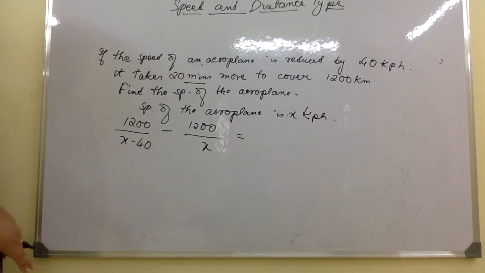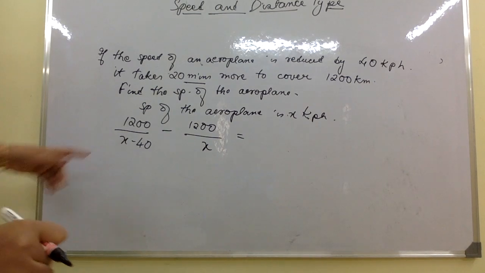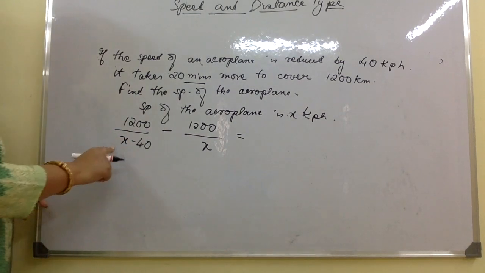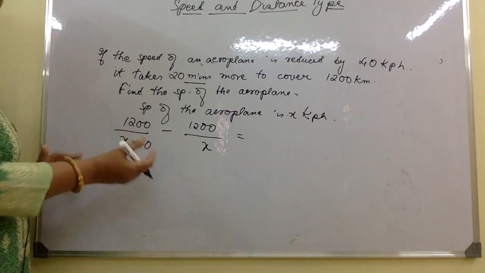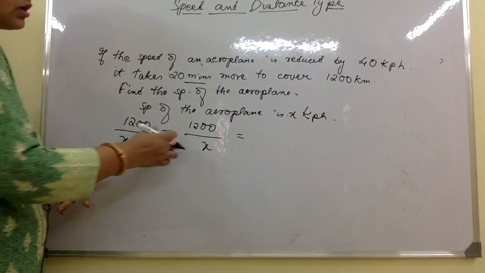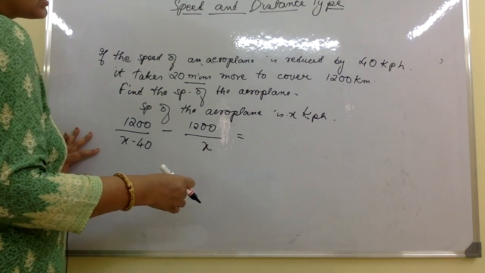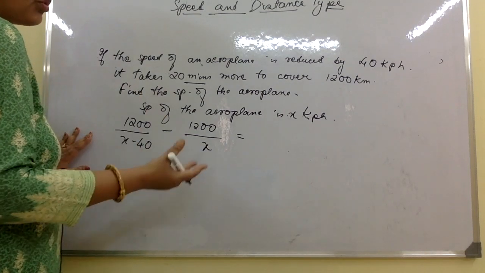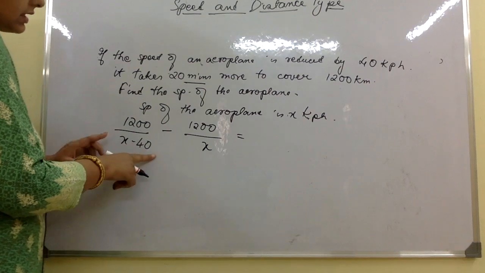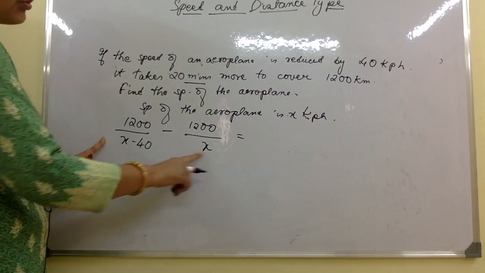You can see the speed has been reduced, so this is the bigger time. If the speed is less, the time is more. It takes 20 minutes more to cover, so this one is 20 minutes more than this.